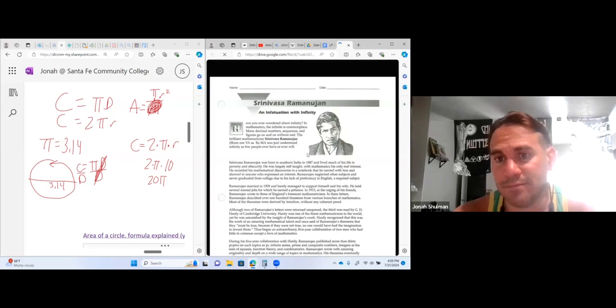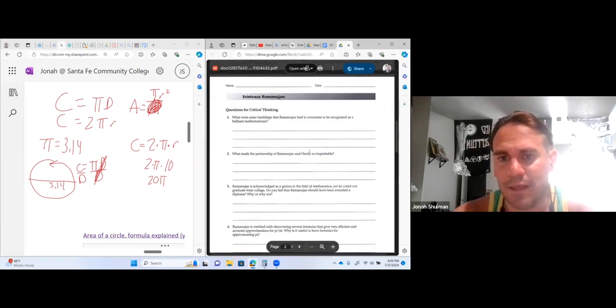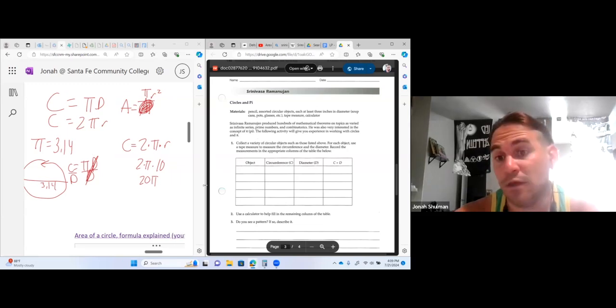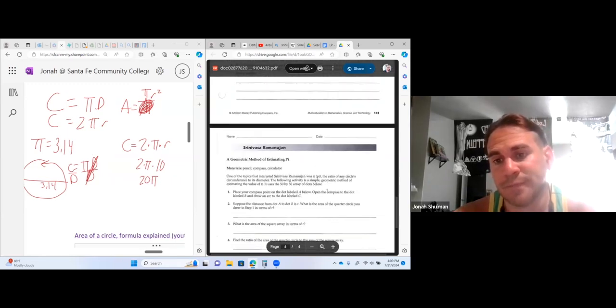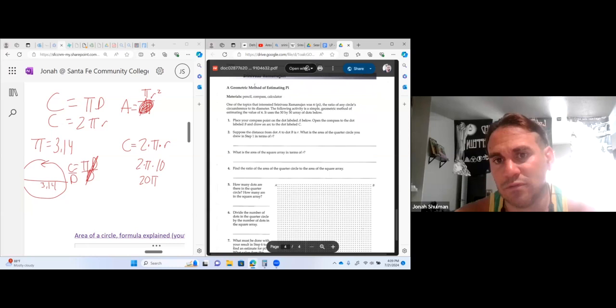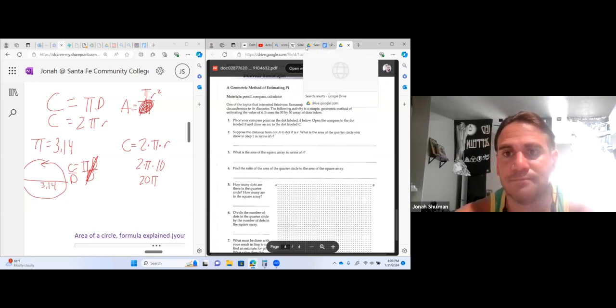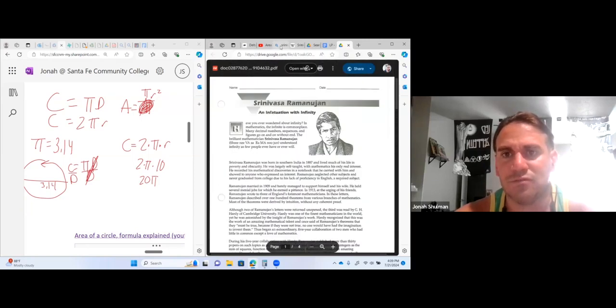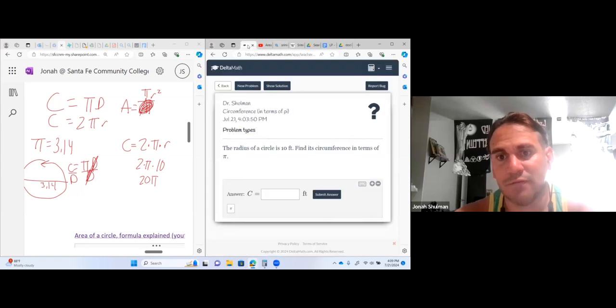They get to learn about them, which is cool. And they also get to take any objects. I was bringing cymbals, big drums, really big things, and seeing how close they could get, how many digits of pi they could get in their answer. And then obviously I'd push them to use a compass because I'm always trying to get my students to use tools to find it. So feel free to always add some reading and writing into your lessons. It'd be great for your students.